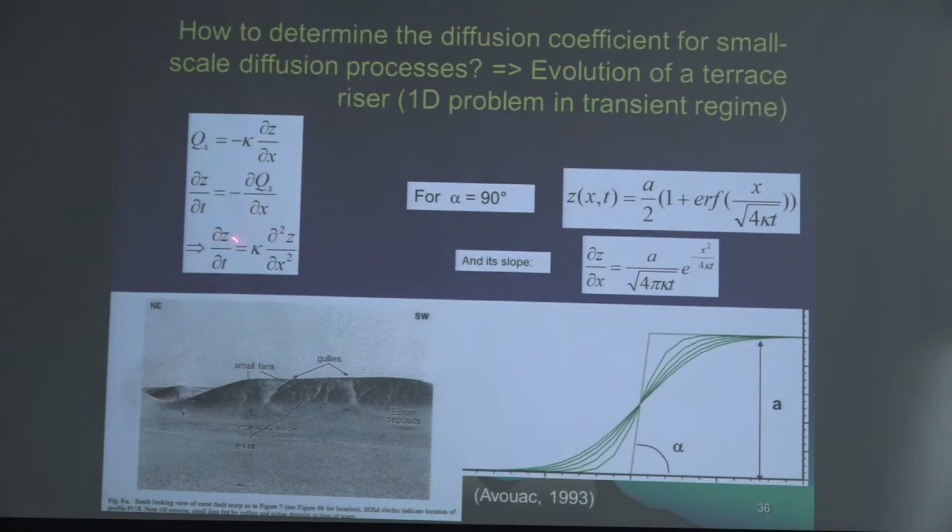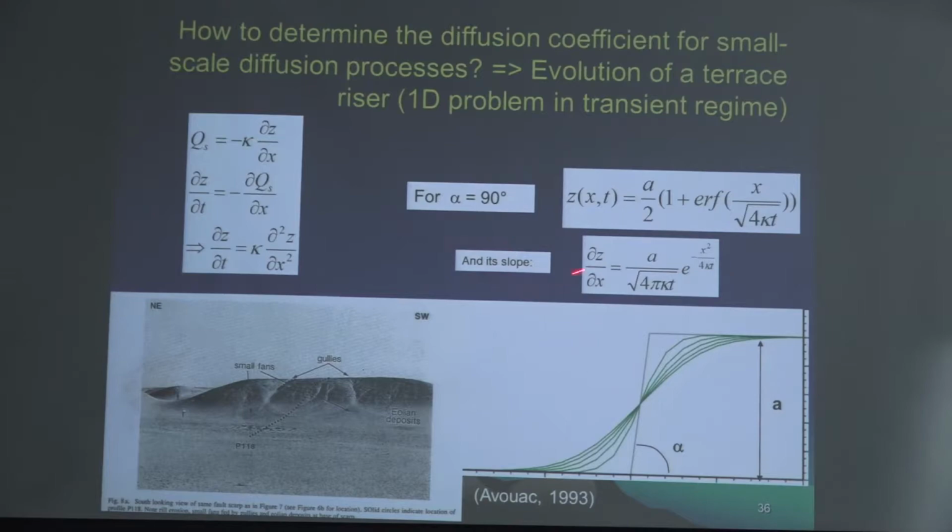Given the boundary condition and the initial condition, we have an analytic solution where the elevation evolves according to x and time, following this equation with erf, the error function, which is the integral of a Gaussian.